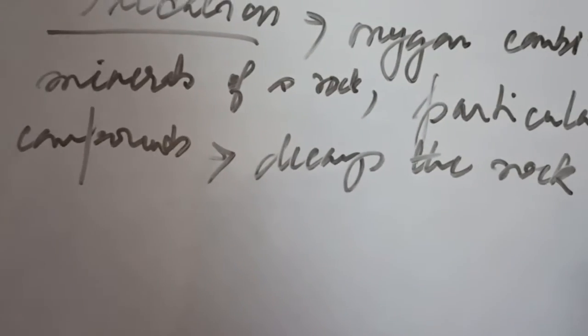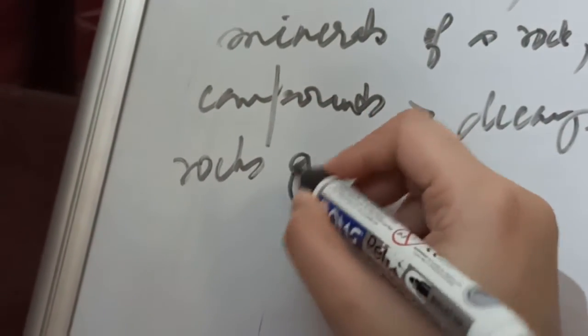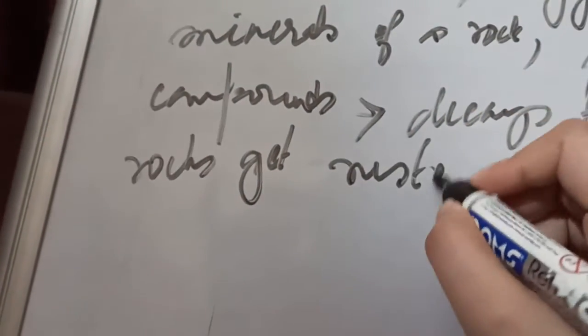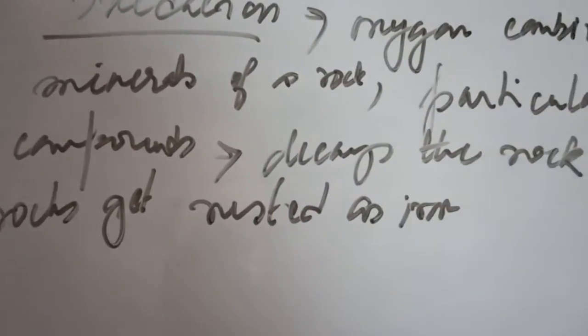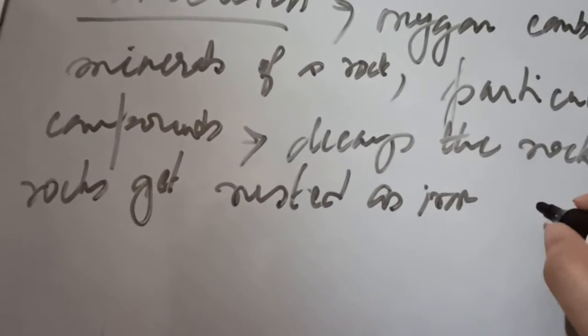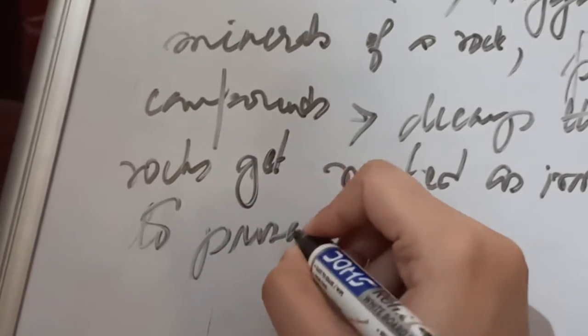As a result of this oxidation process, the rocks get rusted, as the iron compound present in the rock gets rusted due to the presence of air and water.